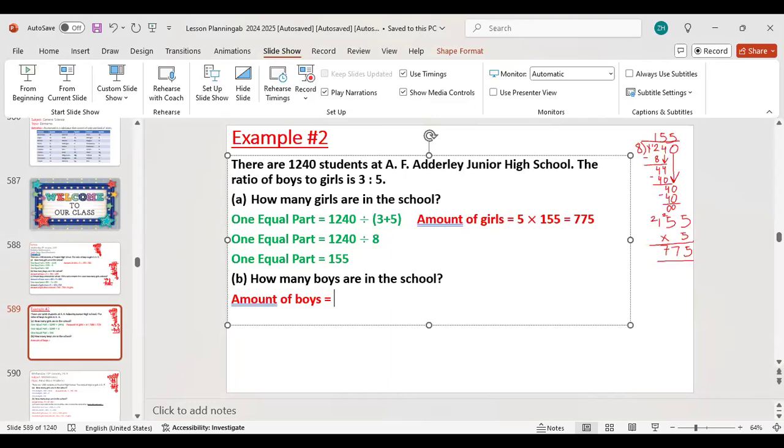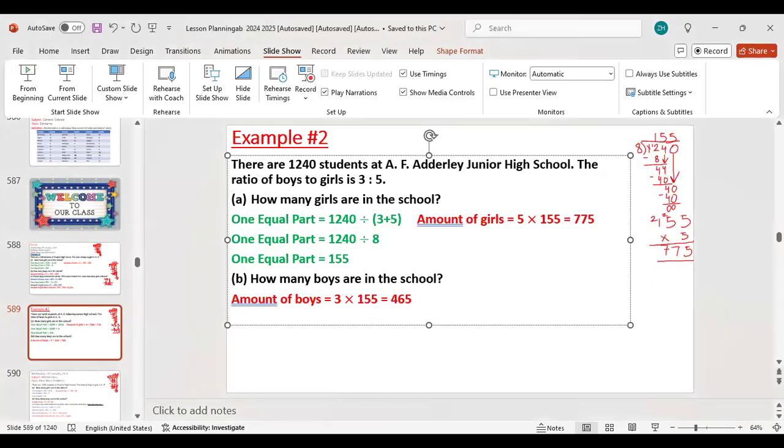Why by 3? Because that's the number of equal parts for boys. Very good. So it's going to be 3 multiplied by 155. What did y'all get when y'all multiplied it? 465. Very good. I got 465. Anyone else got that? Good.